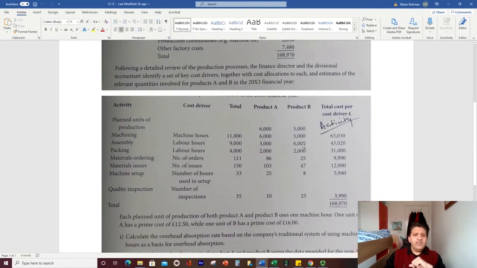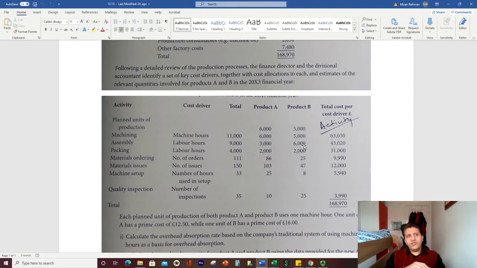Following a detailed review of the production processes, the finance director and the divisional accountant identify a set of key cost drivers together with cost allocations to each and estimates of the relevant quantities involved for product A and B in the 20x3 financial year.